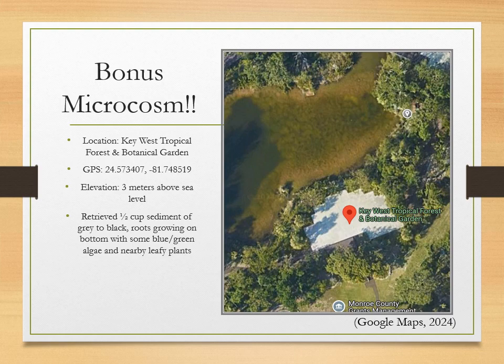This is my second microcosm. It was taken at a botanical gardens here in Key West. I actually volunteer there on the weekends sometimes, so that was pretty easy to get.